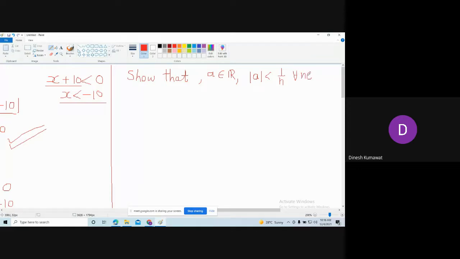Is it? Yes, sir. And what is our aim? We need to show that a equals 0. Did anyone get an idea how to solve this or how to proceed further? And if you want to guess, you can.